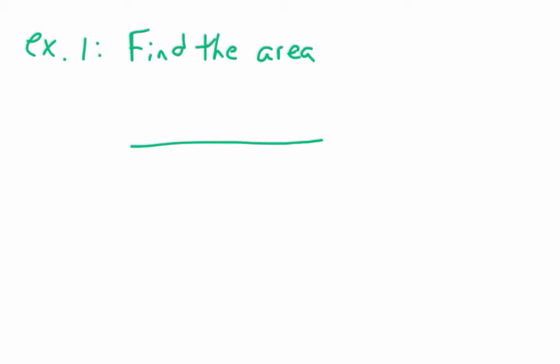So example one, I'm just going to say find the area. And try to draw a shape that looks kind of like this. Maybe things just won't completely be to scale.